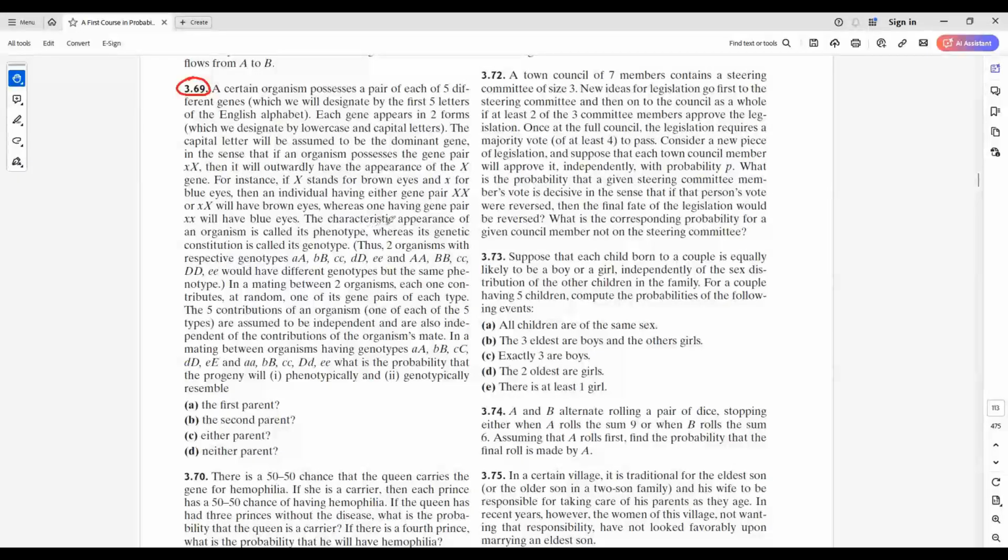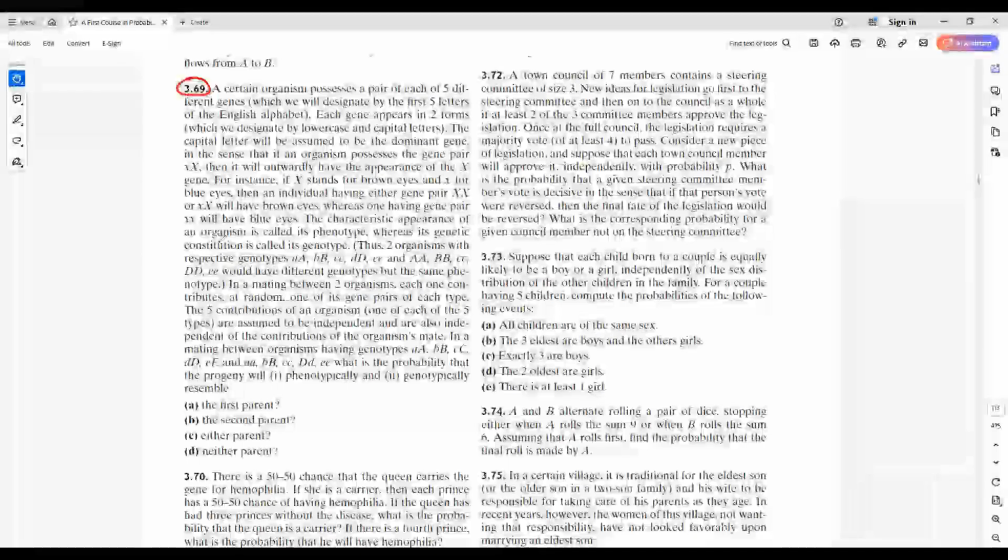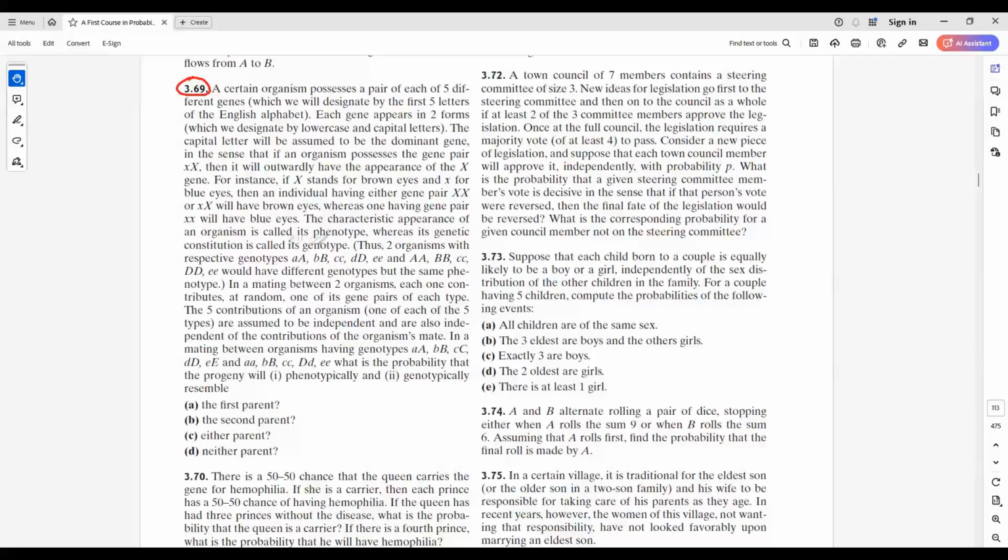The characteristic appearance of an organism is called its phenotype, whereas its genetic contribution is called its genotype.